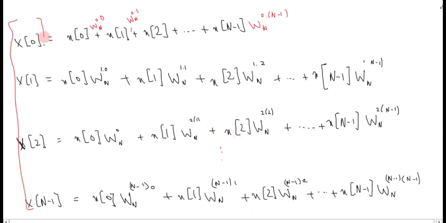you can write it in matrix form. This is your vector capital X, which is representing the discrete Fourier transform.